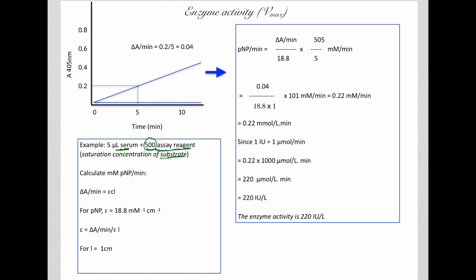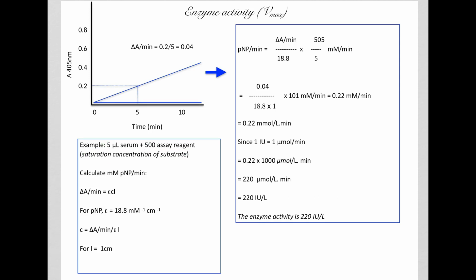If this enzyme was alkaline phosphatase, then the substrate would be para-nitrophenyl phosphate that we talked about in an earlier video. Now the substrate concentration is present in excess, saturation amounts, okay, because Vmax can only be measured if the substrate is under saturated condition, is in excess.